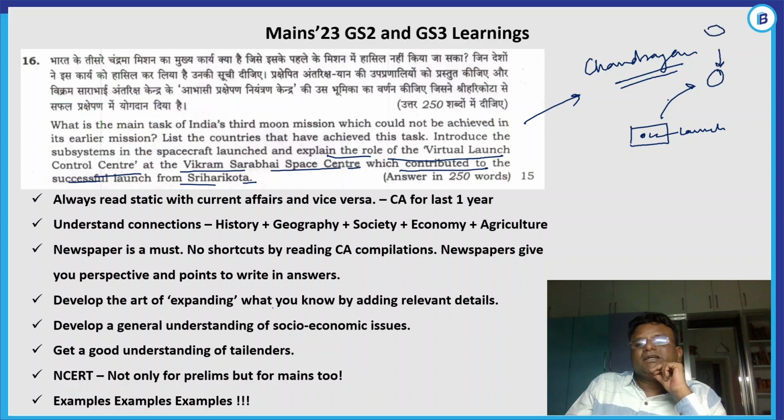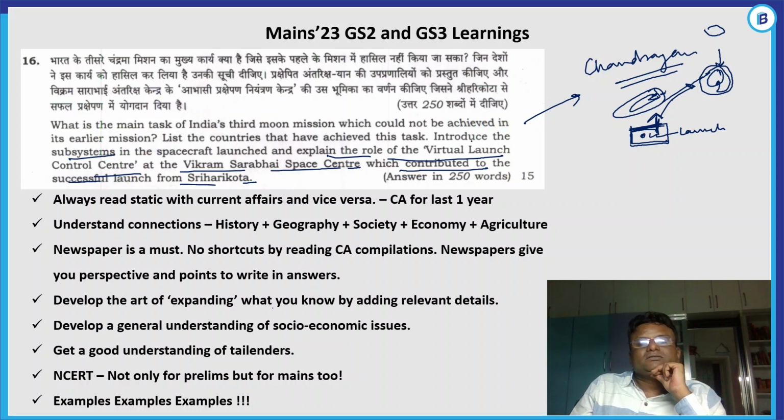Everyone studied landing, orbiting around the earth, escape velocity, stuff like that, and then landing on the moon. It landed at the South Pole. But the question is about the part from where it went up the first time. Of course, there is a question about the parts, or components or modules of the Chandrayaan, I think subsystems, right?